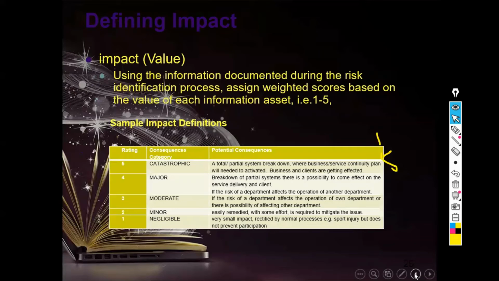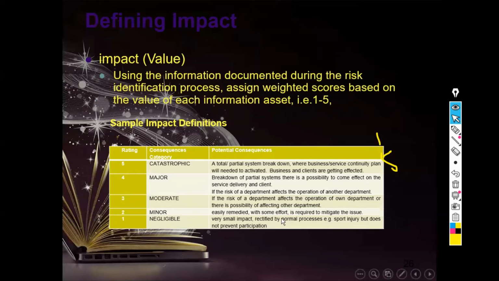In the same case, impact, when we have identified the likelihood, then we need to also identify the impact. Impact would be your 1 to 5. 1 would be your negligible and 5 would be your most.